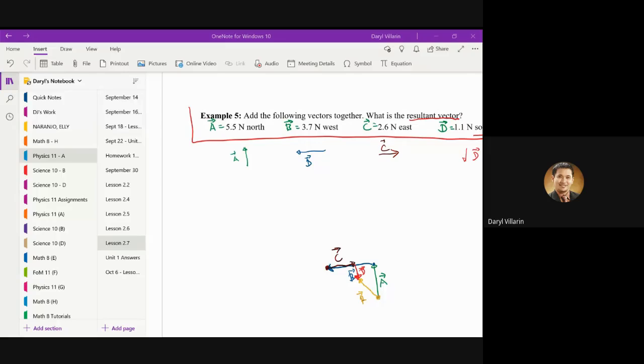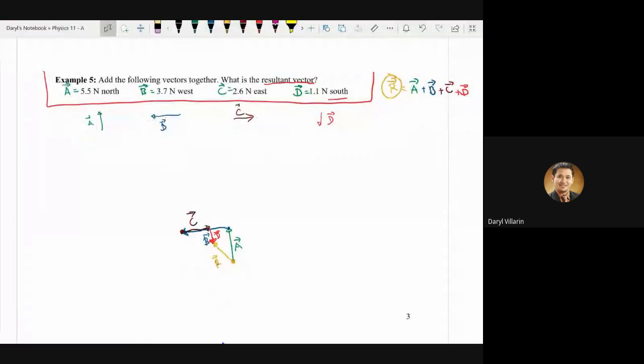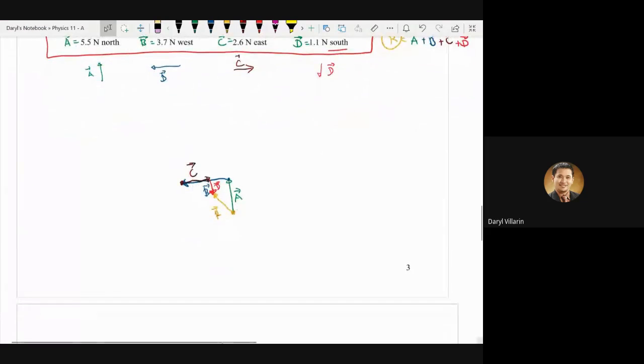So just going through with this one here, at least the diagram would look like this. I'm quite sure that the diagram would look something like this.